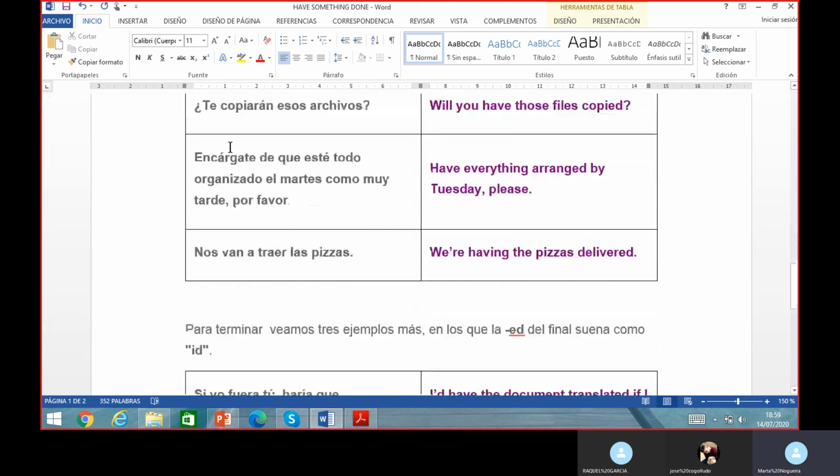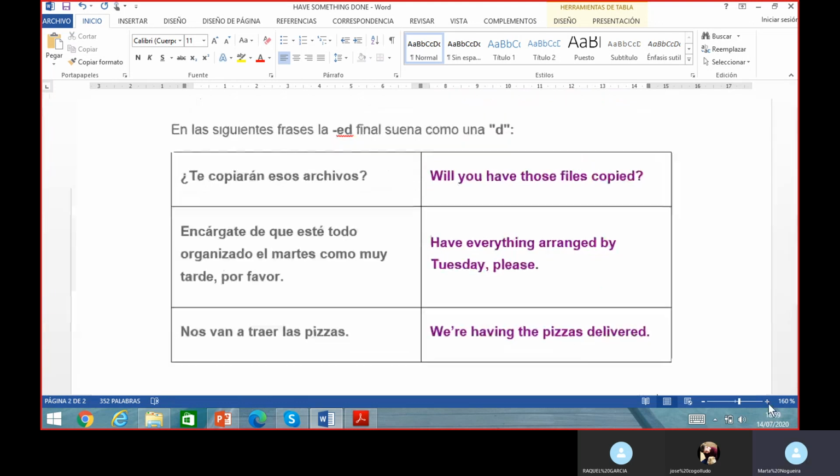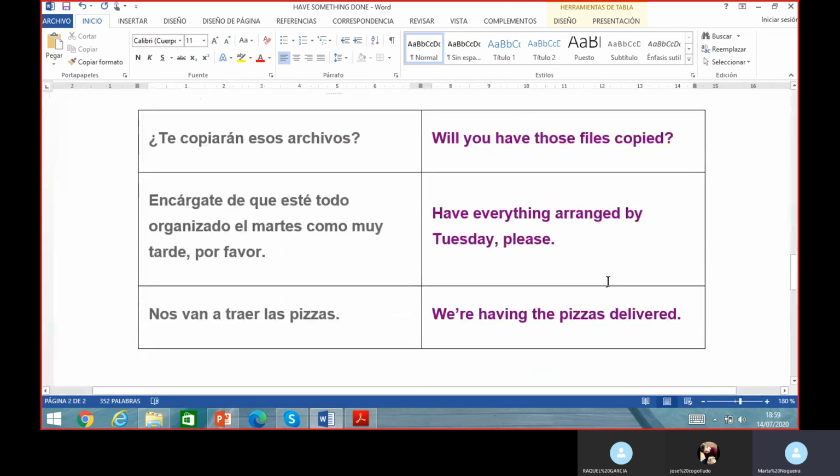No tiene que coincidir siempre en un idioma que la pasiva, por ejemplo, en inglés, sea la pasiva en español. Okay, read this.